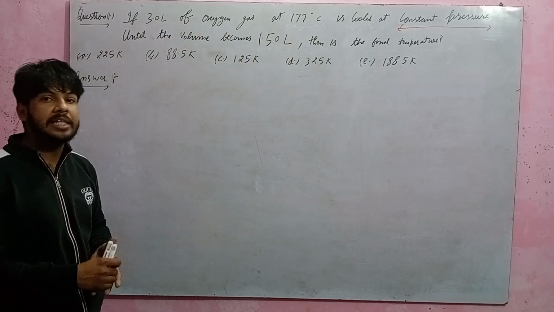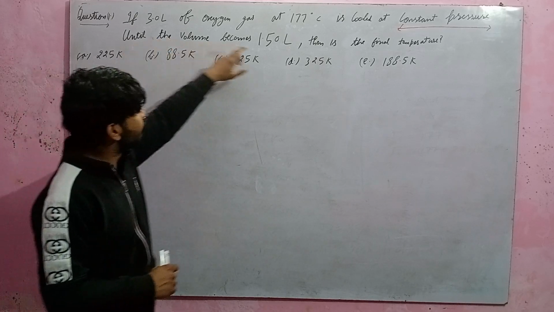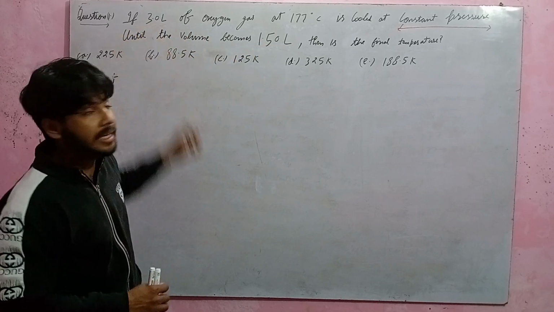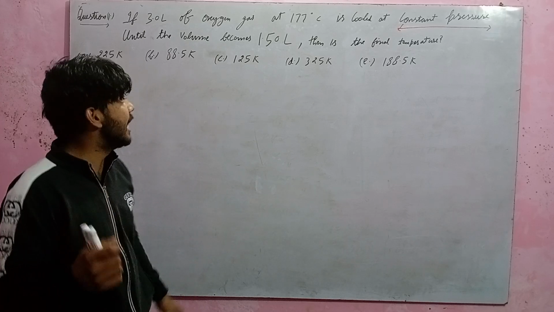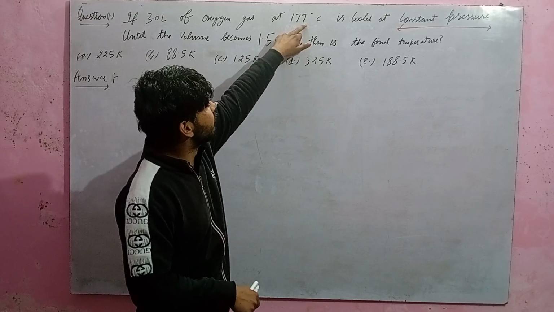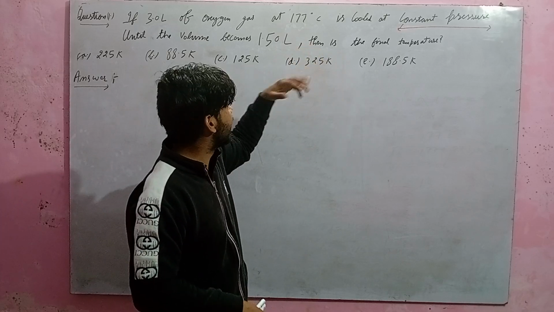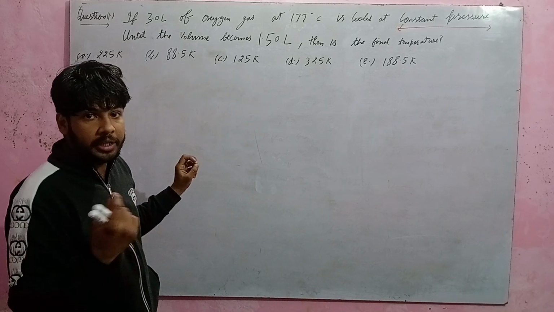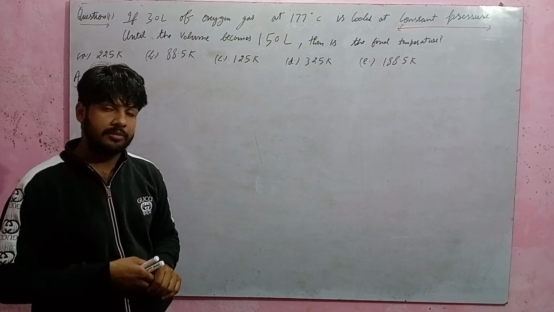So when we decrease the temperature until the volume of the gas becomes 1.5 liter from 3 liter, we get a particular temperature which has less value than this, because the temperature goes on decreasing. So we should calculate that temperature when the volume of the gas is 1.5 liter.